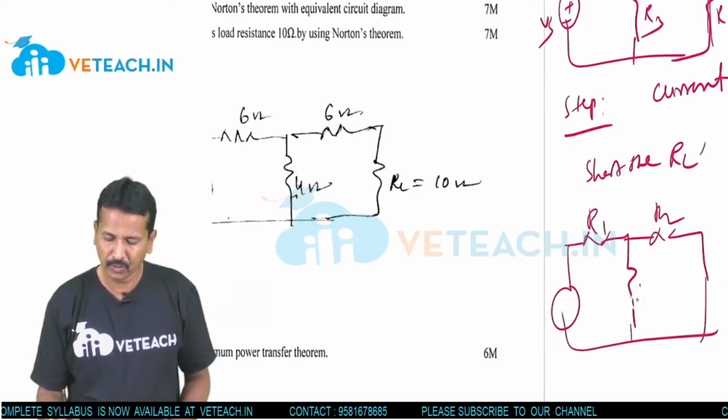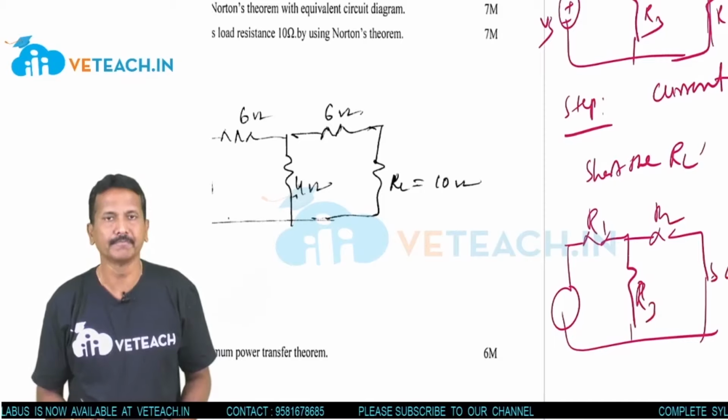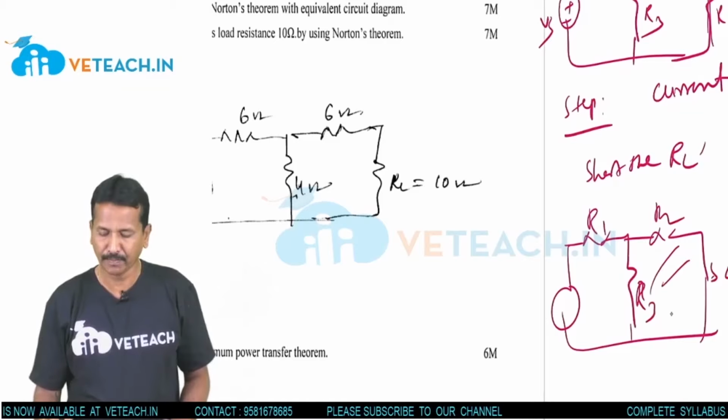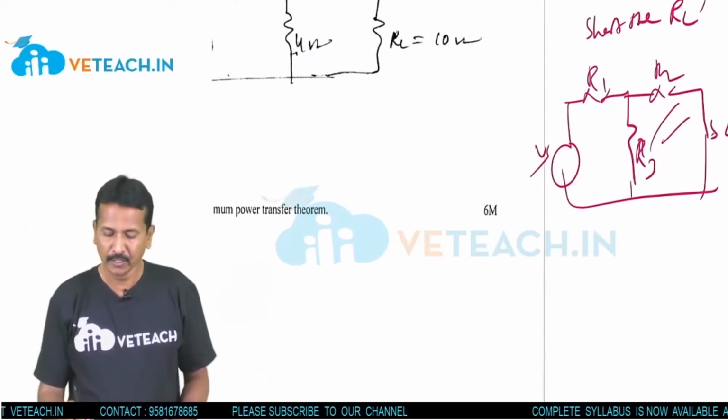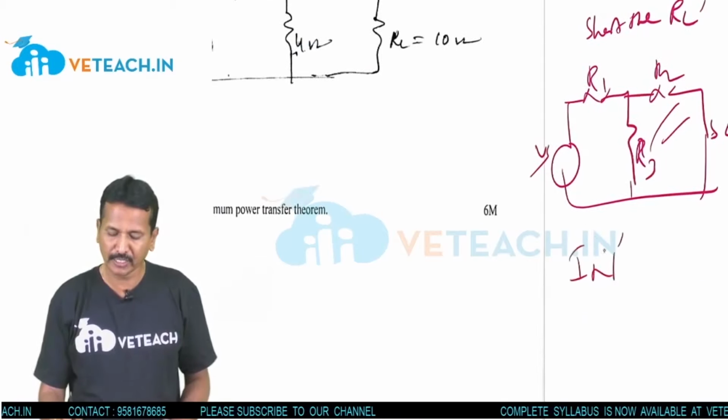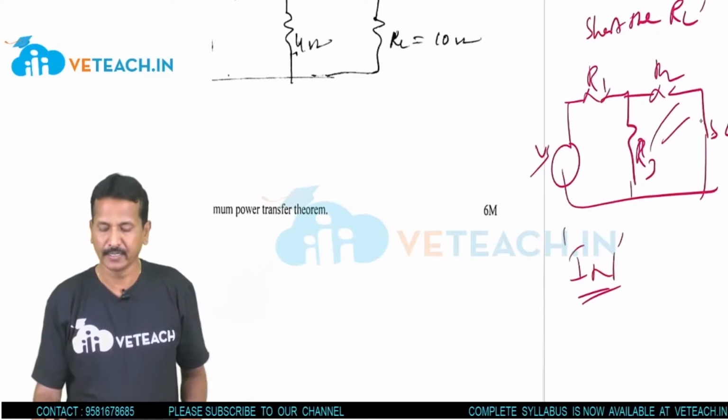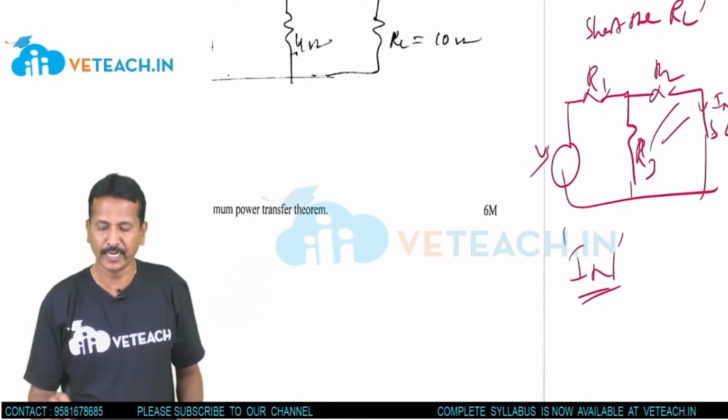R1, R2, R3 are short circuited. How are these? Parallel in series with the resistance. This is voltage source. Okay. So first thing you have to find the Norton's current, right? That is Norton's current.